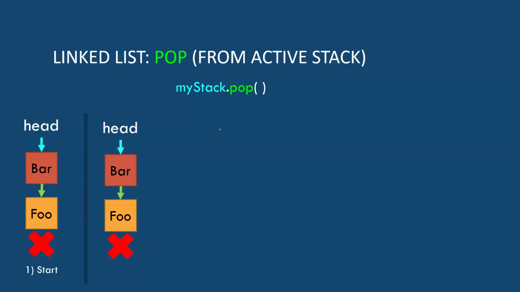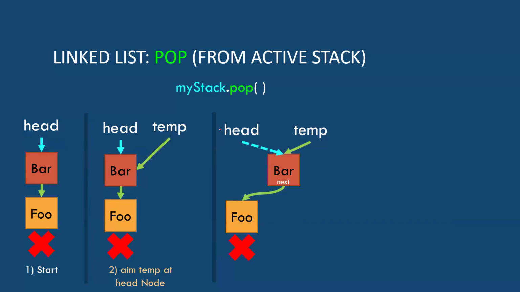Okay, if I want to get the bar out of there, I need to hold on to it first, set the head equal to head next, right? So head equals head next. Notice that little arrow in there. So we're dealing with pointers now. So we're no longer going to say dot next. We're going to say arrow next. So head equals head next.